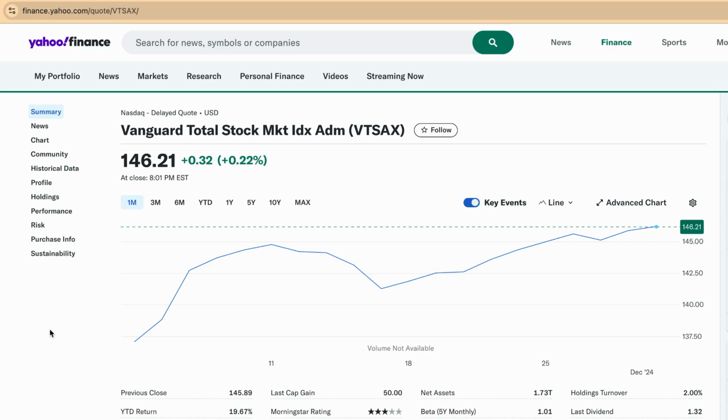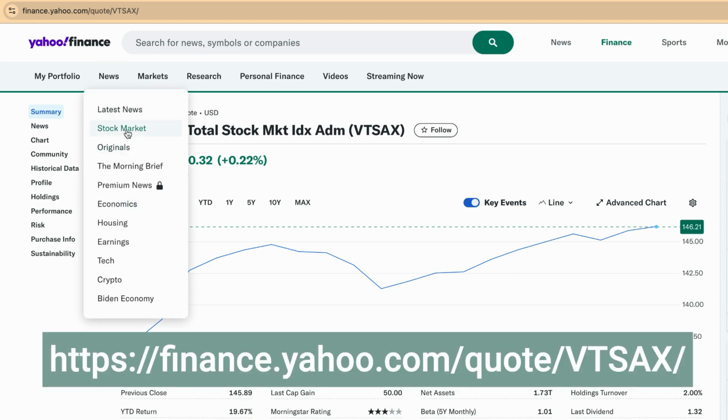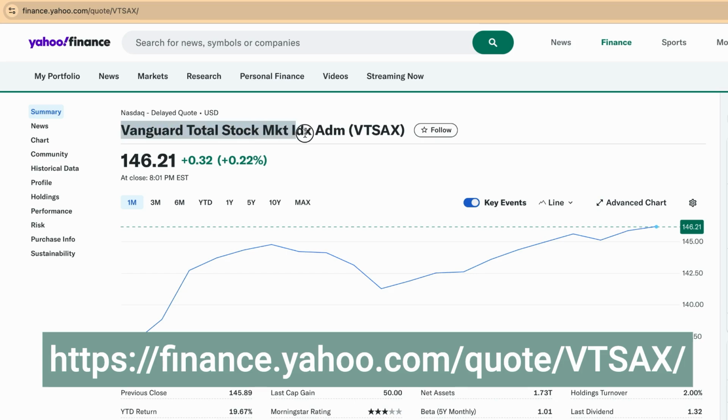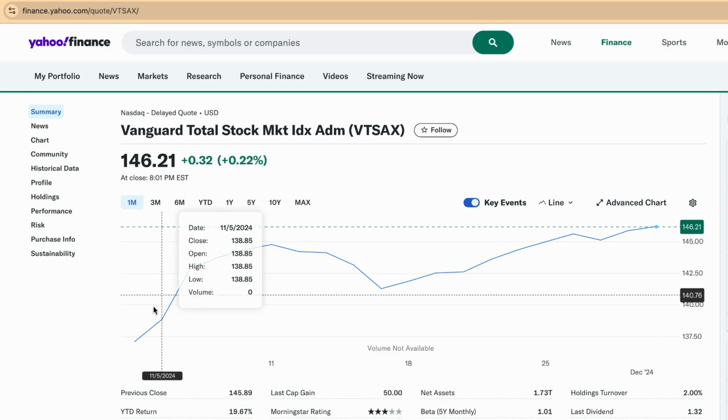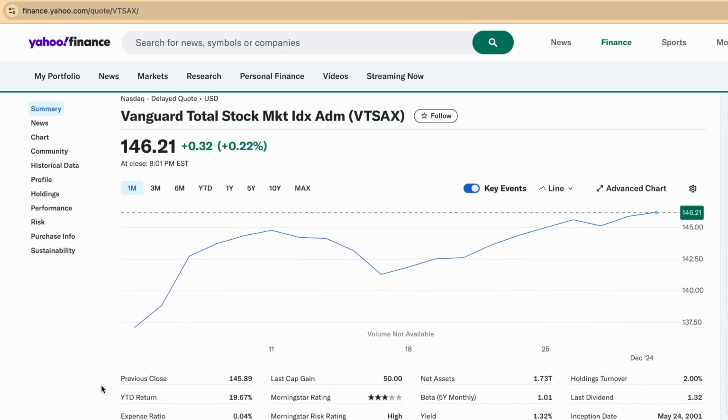So now let's jump into the information presented for a mutual fund. In this case, it's the Vanguard Total Stock Market. It's the Admiral Fund called ticker symbol VT, and it closed at around $146.21. You will see similar information to the stock chart that we see.